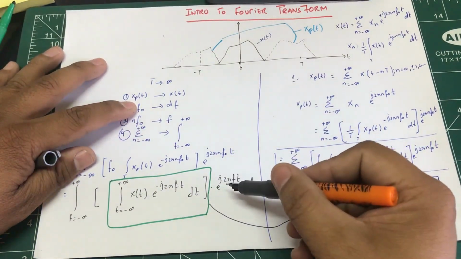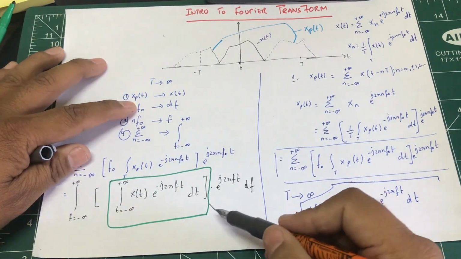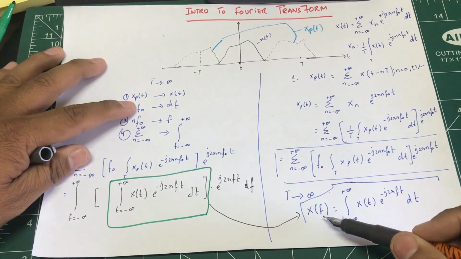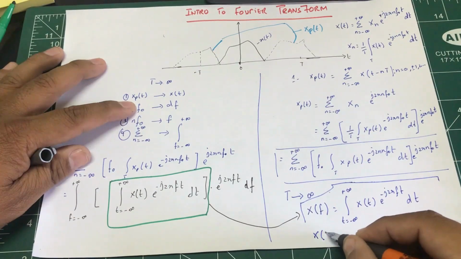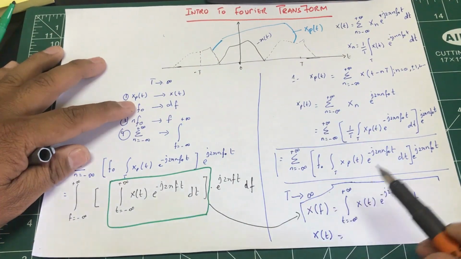Now let's look at the outside. If this whole thing is x of f, then once you're given a signal which is in the frequency domain, you can convert that into the time domain, isn't it? So this would become x of t if this whole thing is x of f. Can you guys see this?